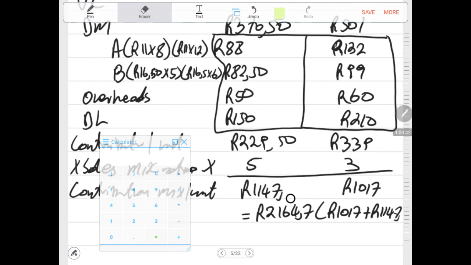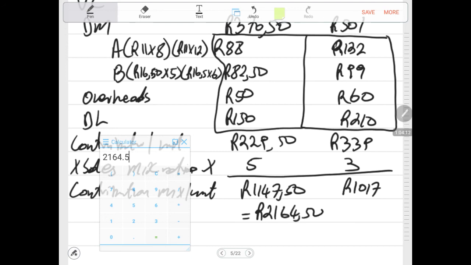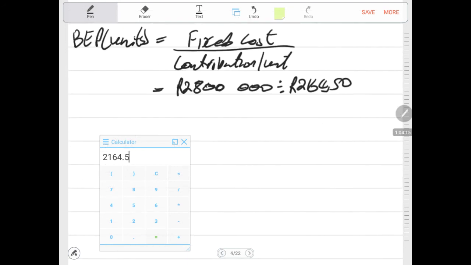This is 0.50. 229.5 by 5. Yes, this is 0.50 plus 1017. We get 2164.50. This is our contribution, 2,164.50 cents. This is our contribution mix.